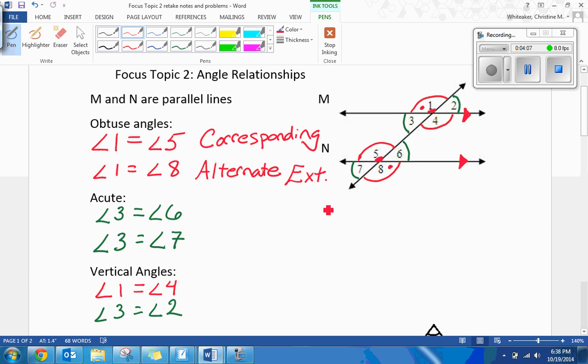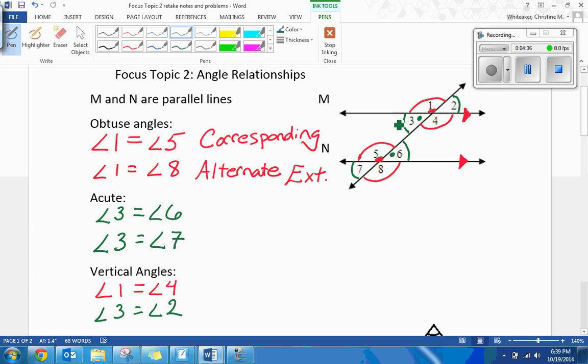Okay, so now let's go down and look at what the acute angles might be. Okay, so if we're looking at angle 3 and angle 6, okay, so we have angle 3 and angle 6. And if we ask ourselves again, are they on the inside of the parallel lines or on the outside of the parallel lines?